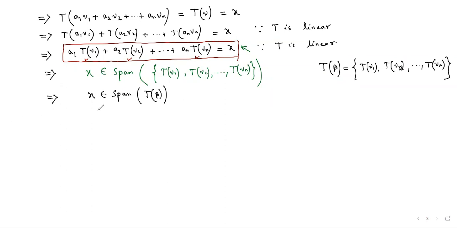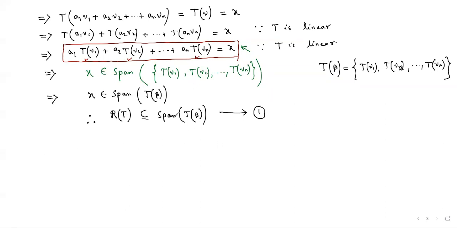So from this particular analysis, we come to this conclusion that the set RT is a subset of span of T beta. So one part is complete, that is, we can put it number 1.